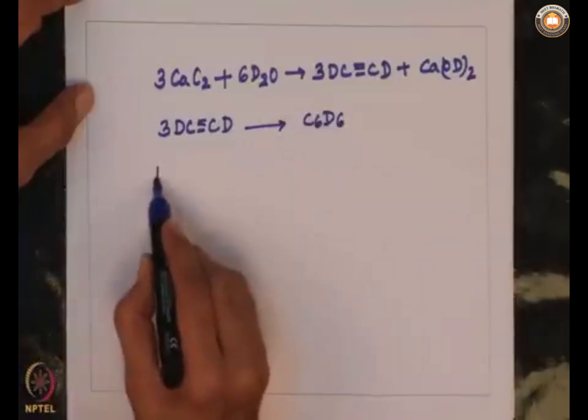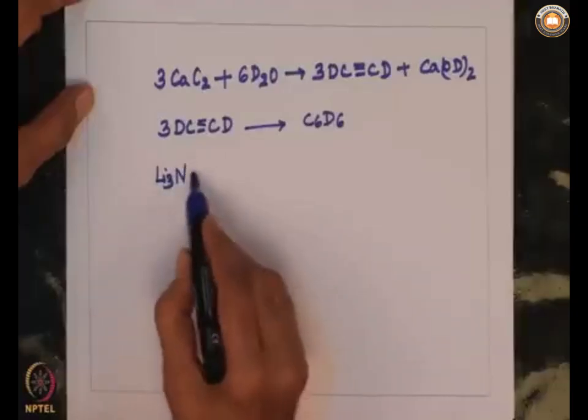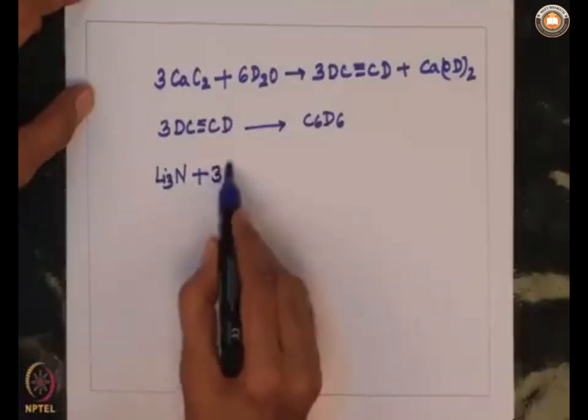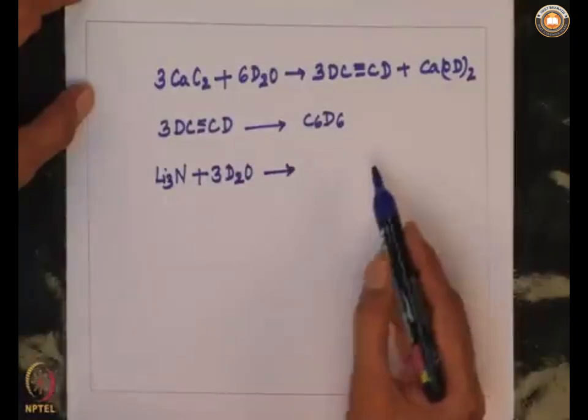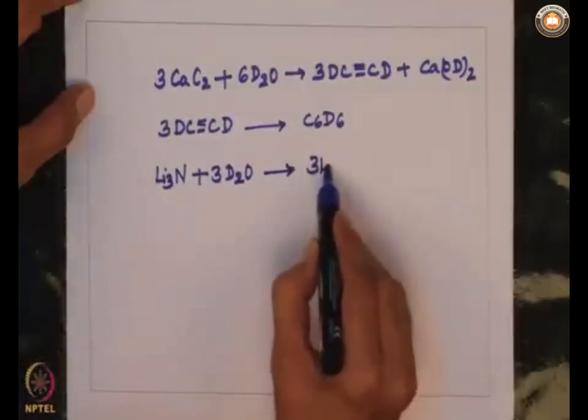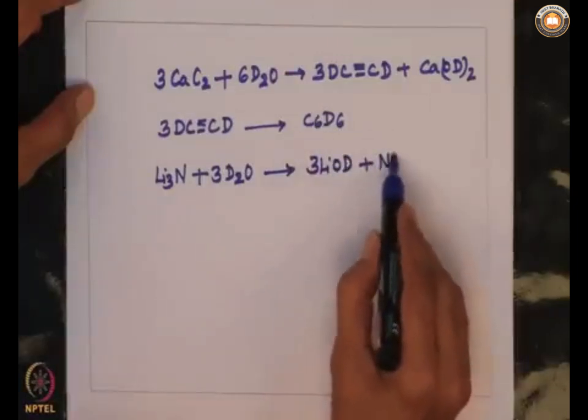Similarly, when we treat lithium nitride with D2O, lithium nitride undergoes hydrolysis to form lithium hydroxide plus deuterated ammonia.